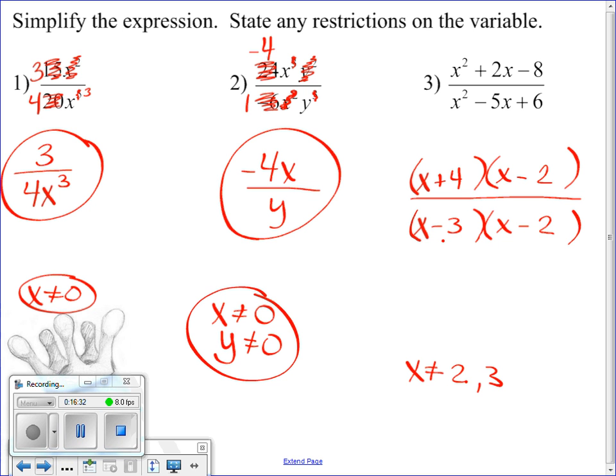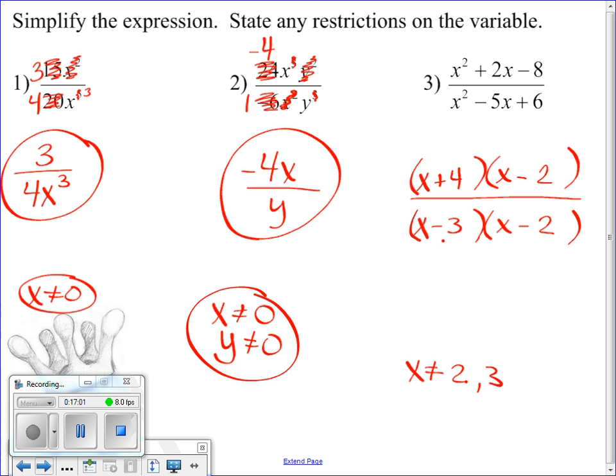Set this equal to 0 and solve. Set this equal to 0 and solve. It's always the denominators, because my denominators are not allowed to equal 0. So you set them equal to 0, and you solve them. Right. So since that is what they would equal, those are my restrictions, and x cannot equal that. Or it would put a 0 in the denominator, and you'd be sad because you have no friends.